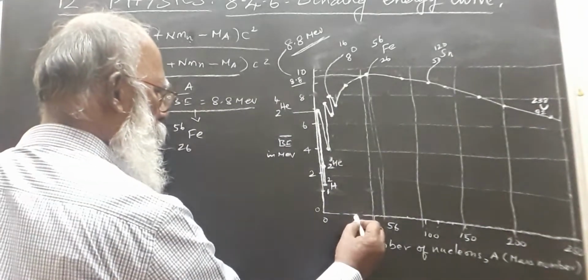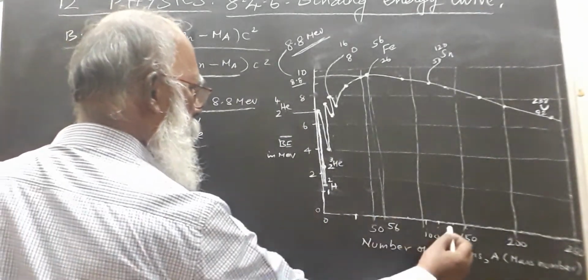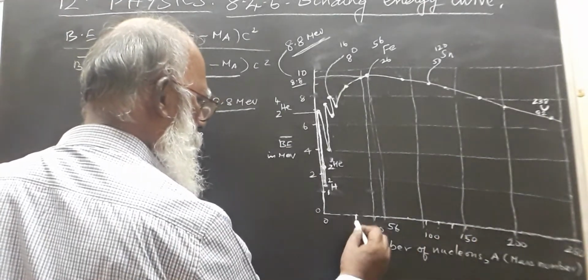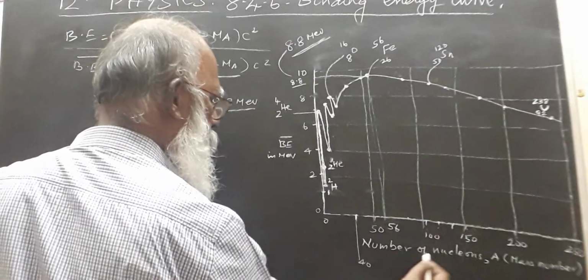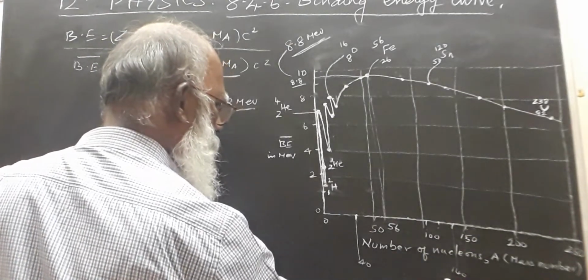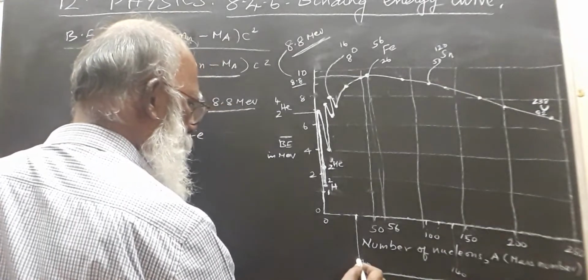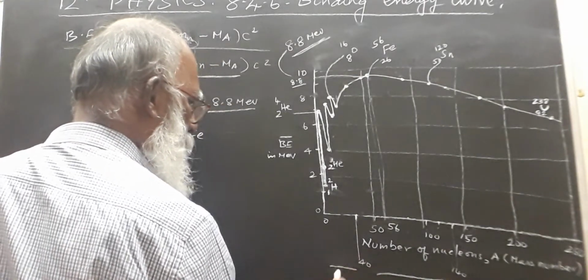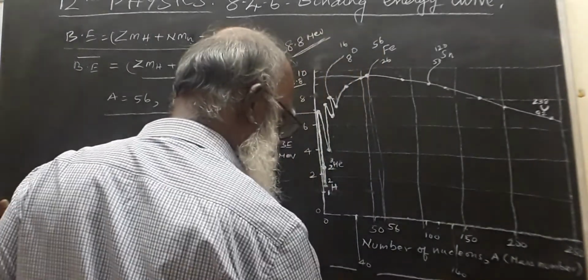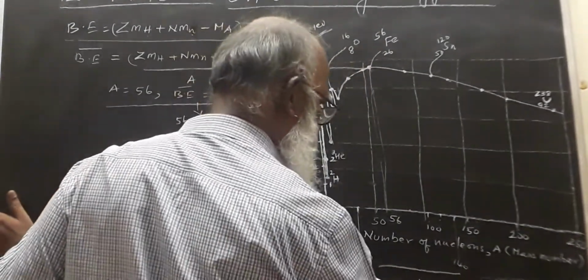Now we are going to explain 40 to 120 or 140. This is one stage, and less than 40 is another stage. This is the first, second, third.